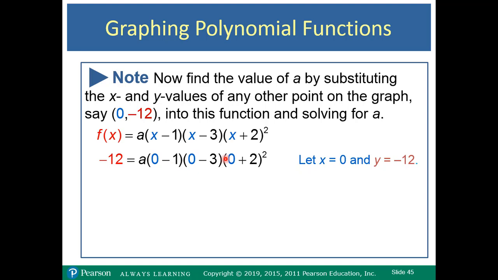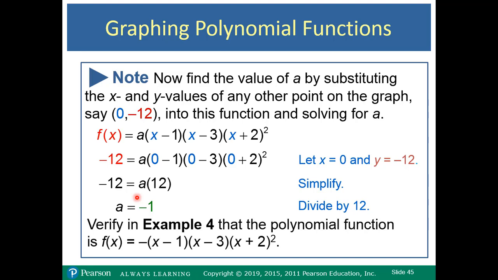And what do we get here? Well, we know what we get here. We get 12. And so what is a? a equals -1. So here, algebraically, we figured out that a equals -1. So now we know -1 times this guarantees that our y-intercept is going to be -12 also. Okay, so we took care of that too.